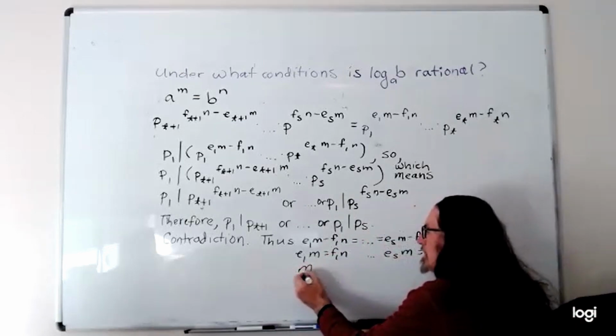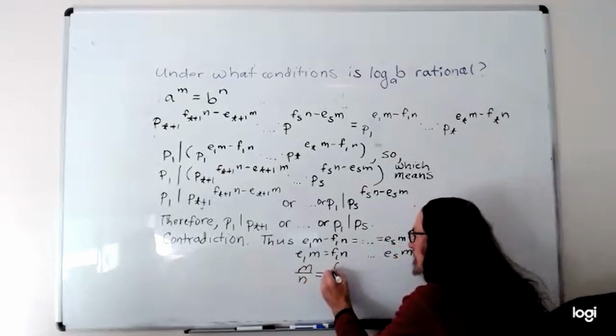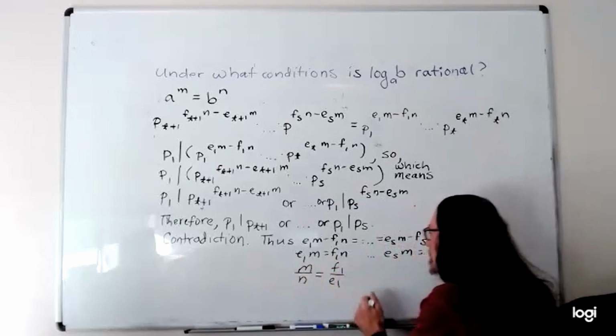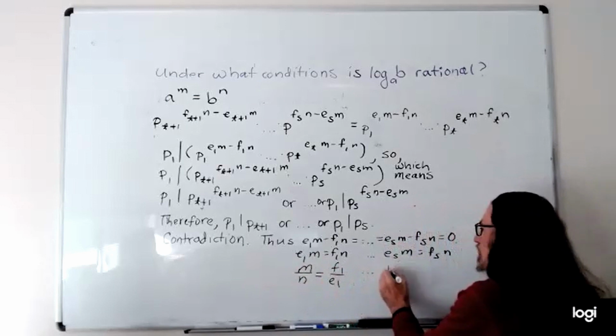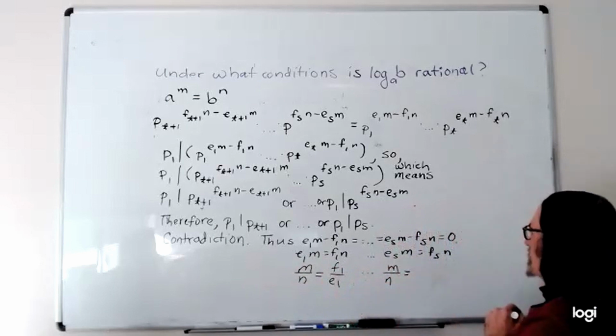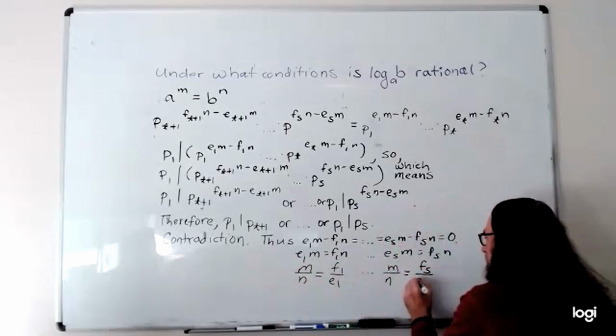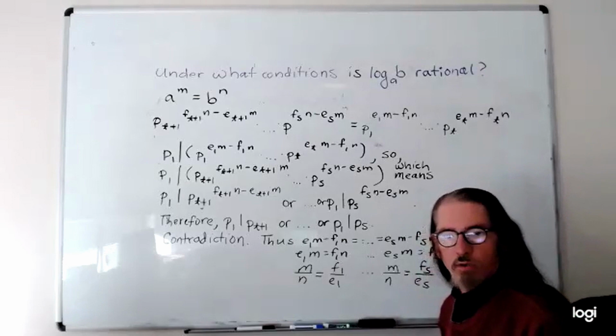M over N is equal to F1 over E1, on up to M over N is equal to F sub S over E sub S. Or put yet another way.